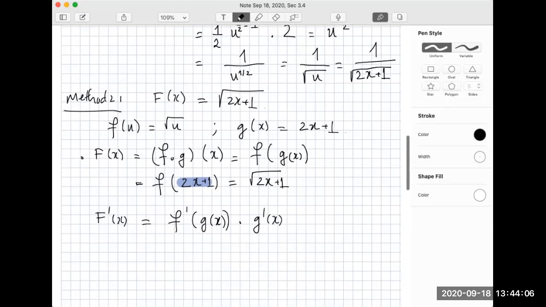Now here, it means that we need to compute derivative of f, which is square root of u, right? Okay. And g of x, the similar story, which is 2x plus 1 prime.